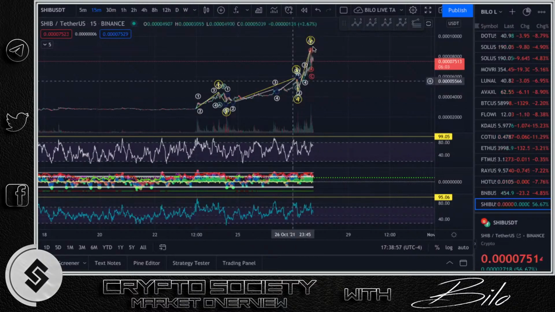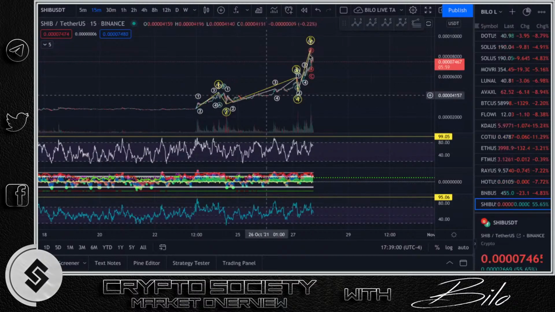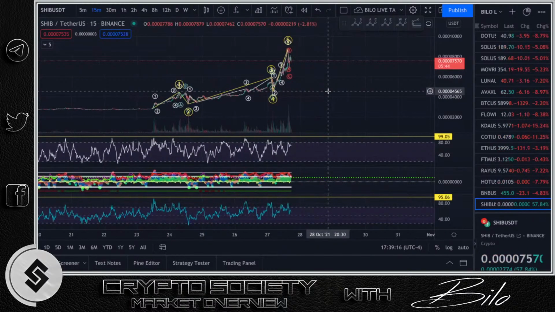And normally a parabolic wave like this retraces a lot more. But in this particular case, there is and will be continuation of so much FOMO, and it just has to start again for it to continue. So I don't think we'll retrace much now.